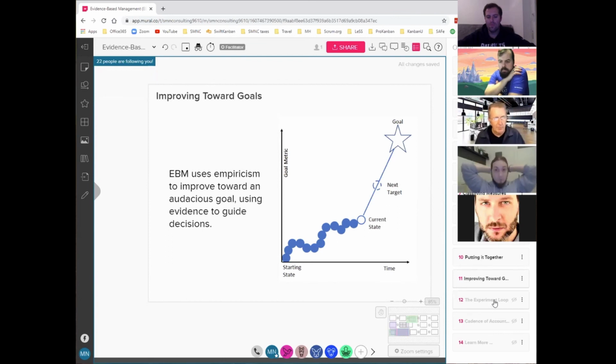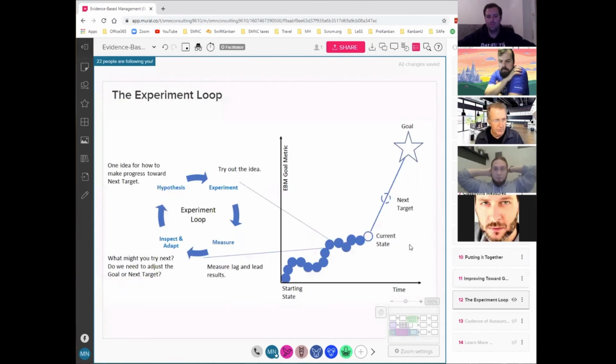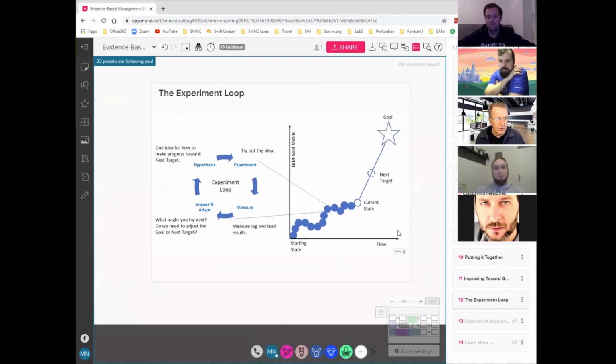Now, just to elaborate this diagram a little bit, I'm going to move to another place in the mural. Those little circles along our path are represented by that experiment loop on the left-hand side of this part of the diagram. And the experiment loop, you can see, consists of a hypothesis. And we've already talked about this, right?